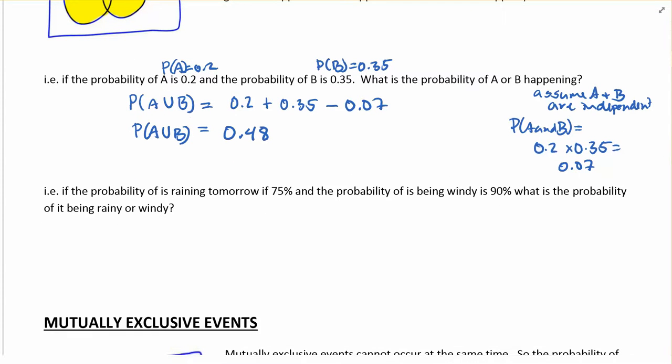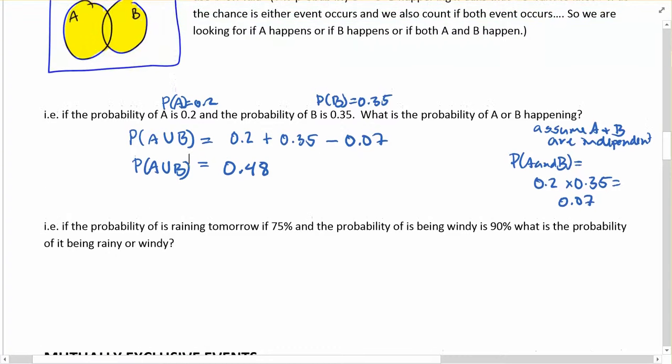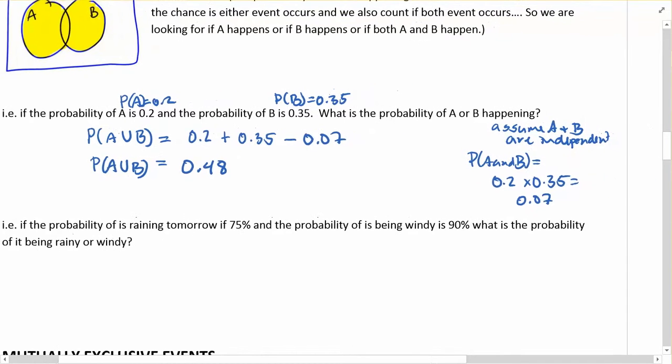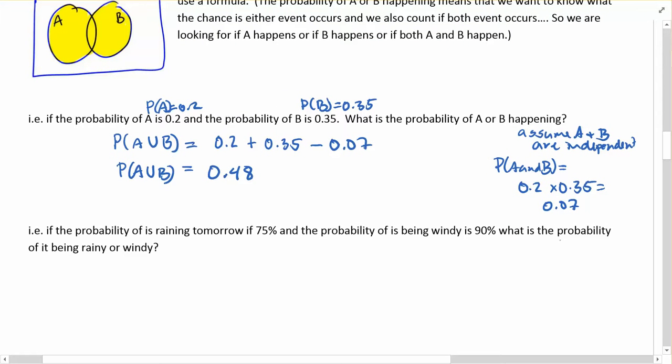So if the probability of it raining tomorrow is 0.75 and the probability of it being windy is 0.9, what is the probability of it being rainy or windy? Again here, I haven't told you this, and it might not be true, but maybe in this situation it is true that it's independent.